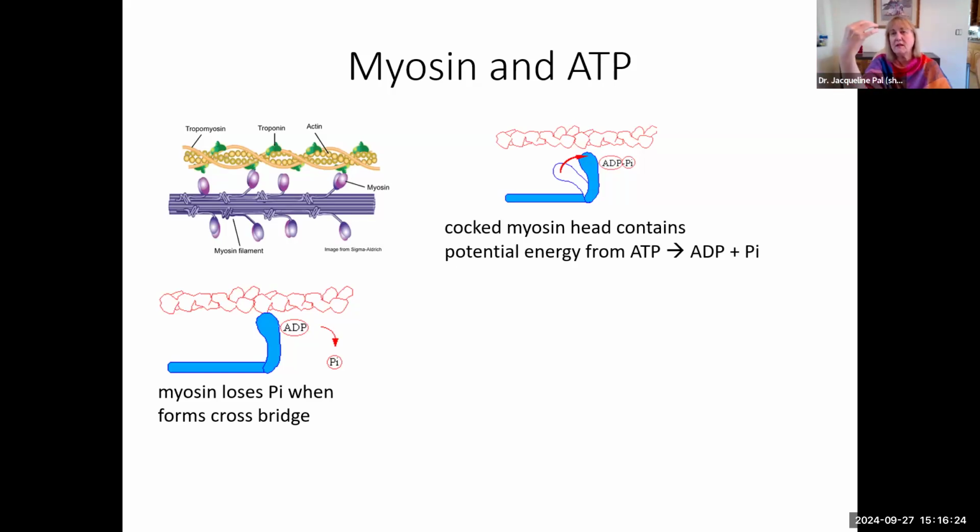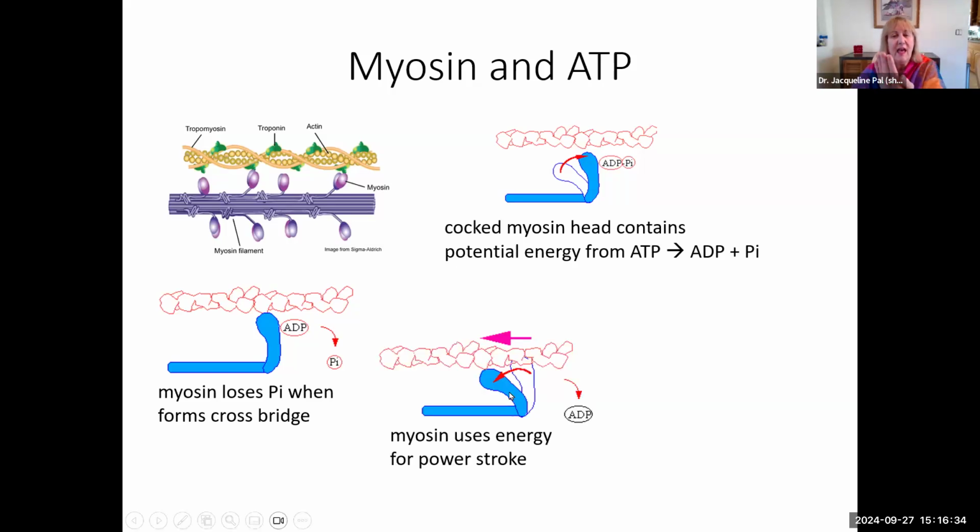That cocked myosin head is now going to perform what's called a power stroke. So instead of being potential energy, it's kinetic energy, and it's going to be pulling on the actin. It's going to be using that energy. So the ADP is going to fall off.